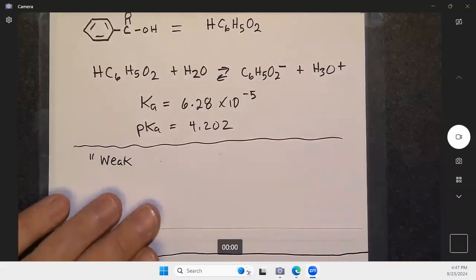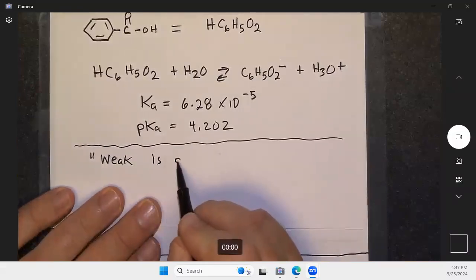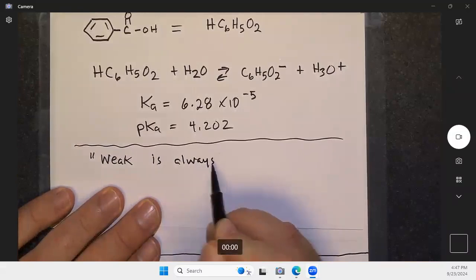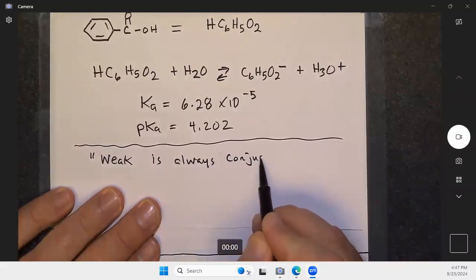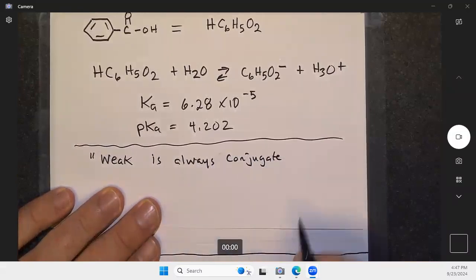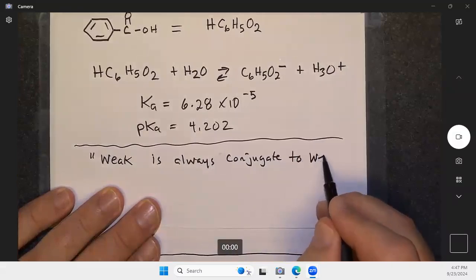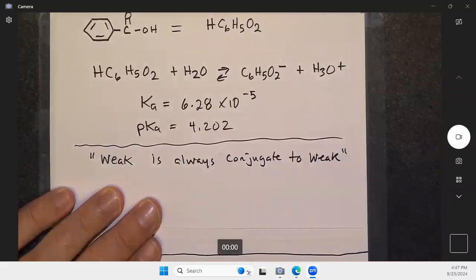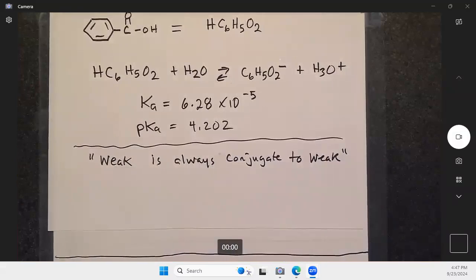Weak is always conjugate to weak. That's kind of what I was saying earlier, but it's just an adage that I want you to commit to memory. Weak is always conjugate to weak.